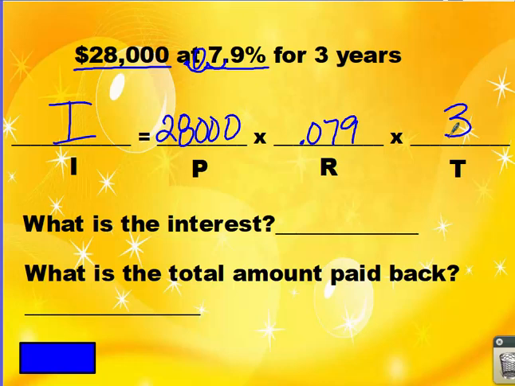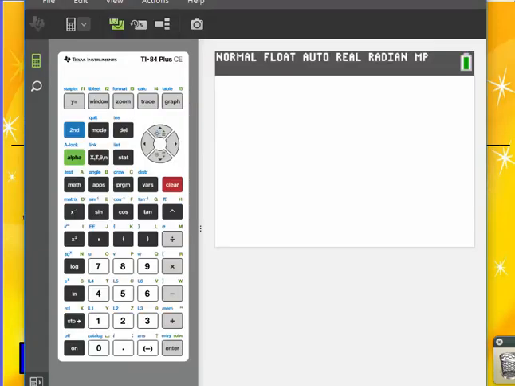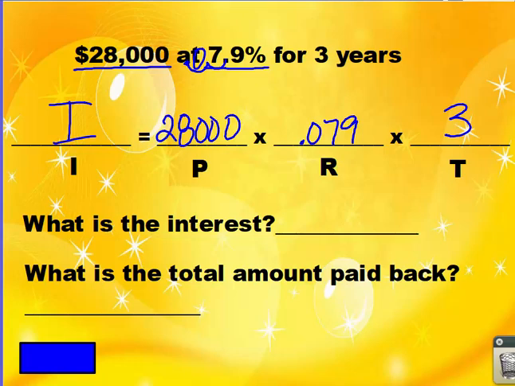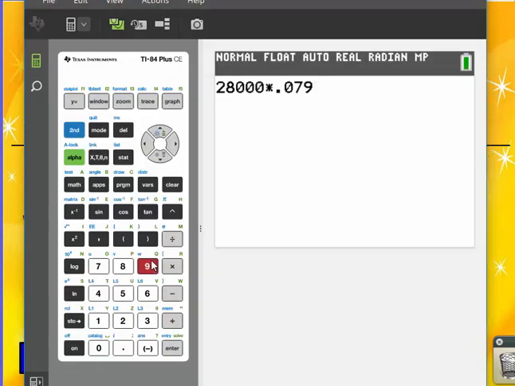So now all I have to do is take the 28,000, the 0.079, and the 3, and multiply those together, and that will be the amount of interest that I'd have to pay on this particular loan, or how much I would receive in an investment. So we just go to our calculator and we type it in. 28,000 times 0.079 times 3 years equals, and we end up with $6,636.